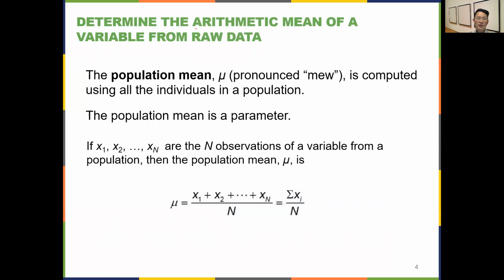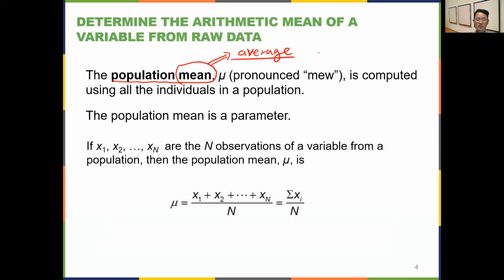Let's say we have a population data, which means we have access to every single data point in that population. And we are looking for what's called the population mean. Now, population mean, this mean is the same thing as the usual average, right? The usual average that we know.